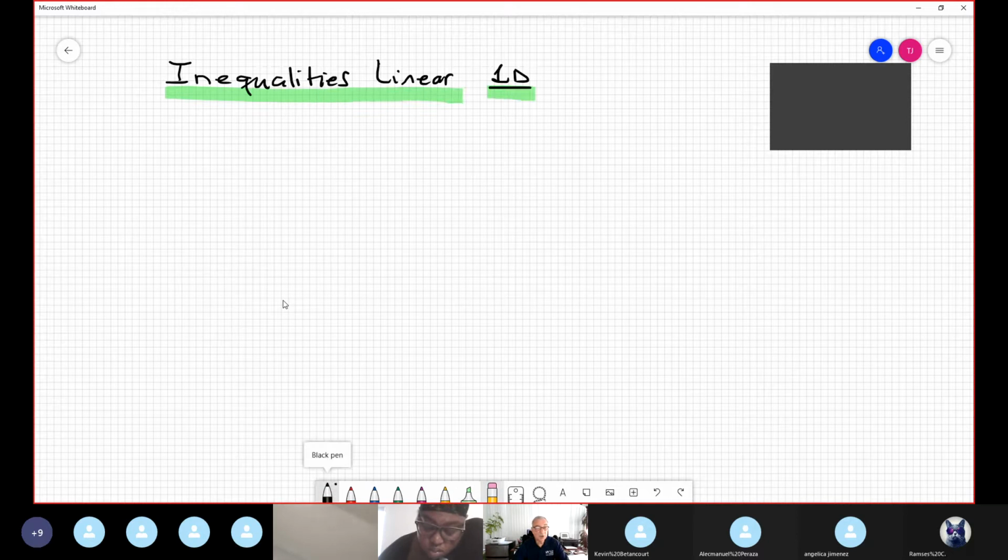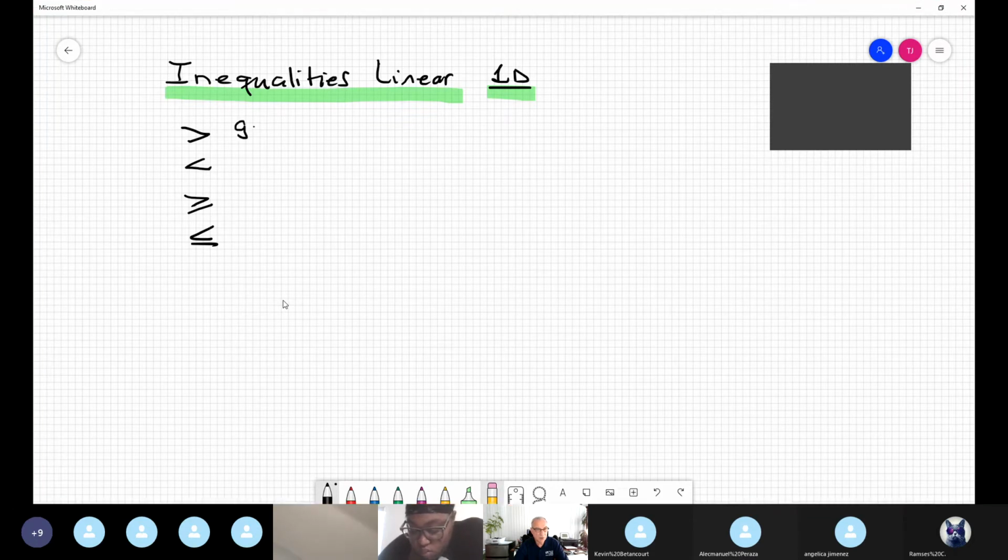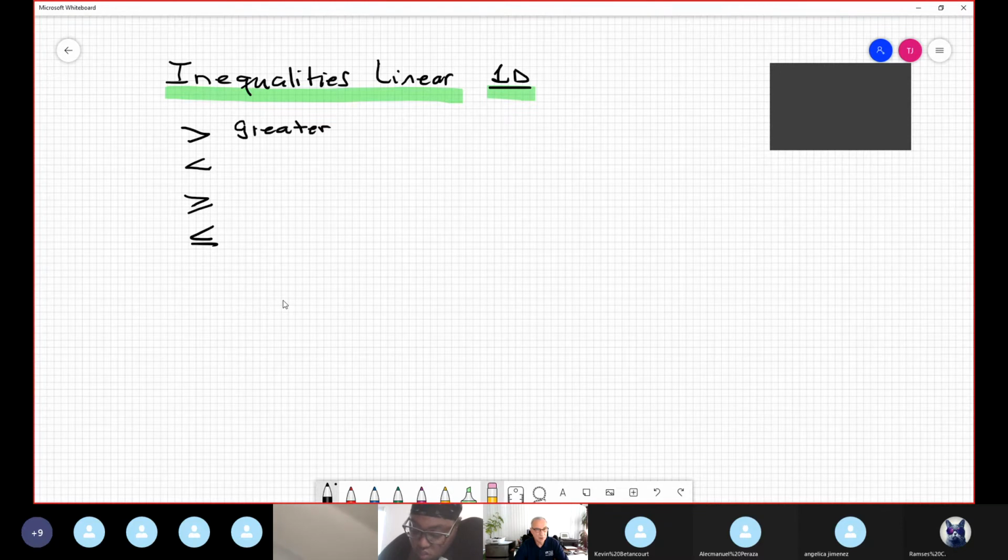The thing that you need to understand is that inequality is a little bit different, because the symbols that we are using are greater than, less than, greater than or equal to, less than or equal to. I suppose you remember, no? Alligator: greater than, less than.